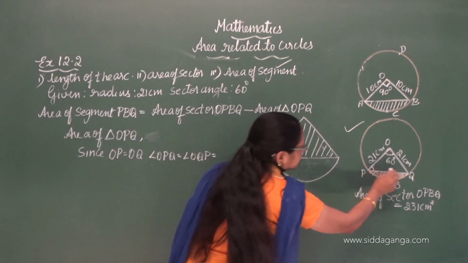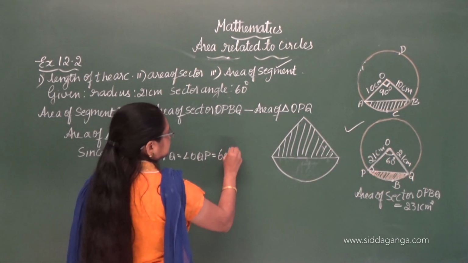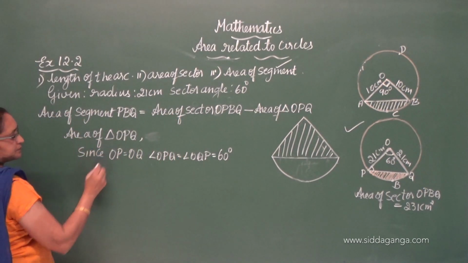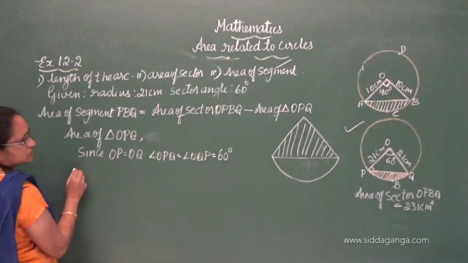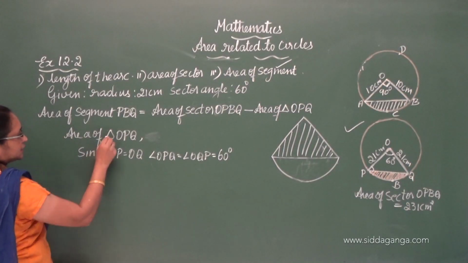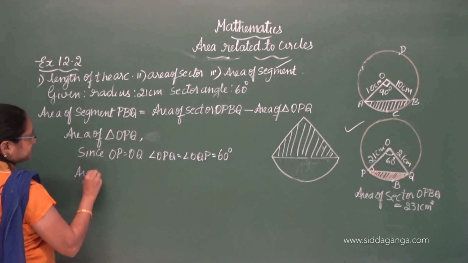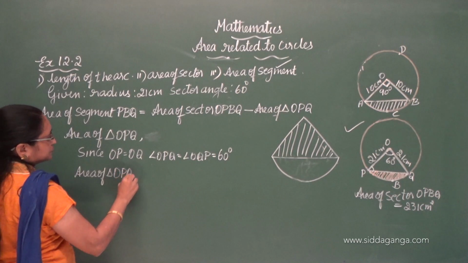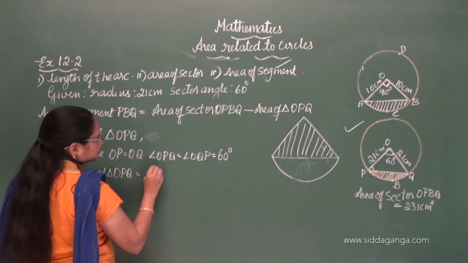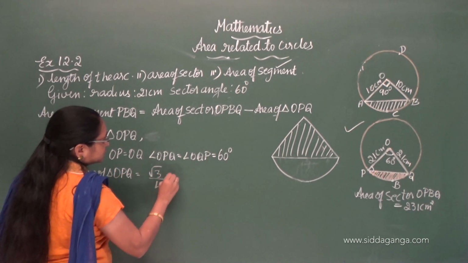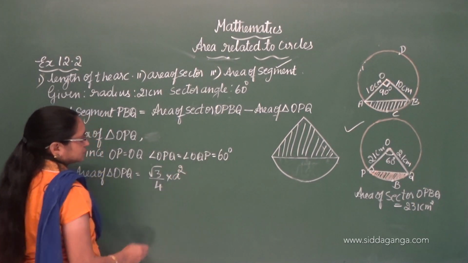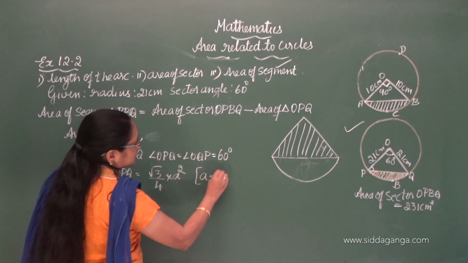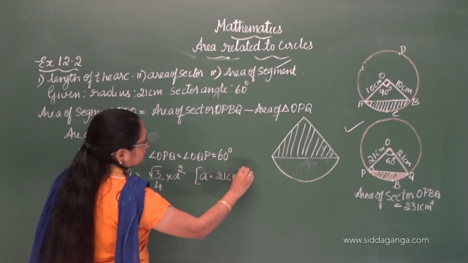Since these two are equal, can we give it as 60 degree? Therefore, equilateral triangle. Okay. So area of the equilateral triangle is root 3 by 4 into a square. This is the formula where a is nothing but 21 centimeter.